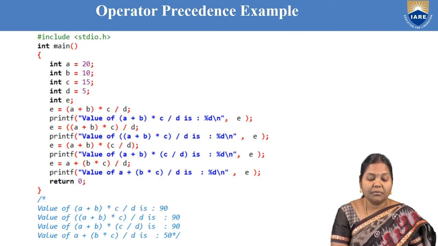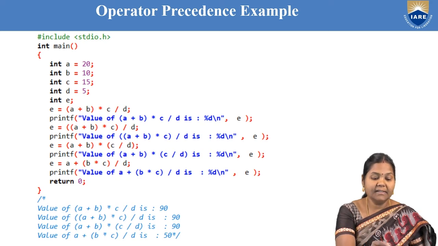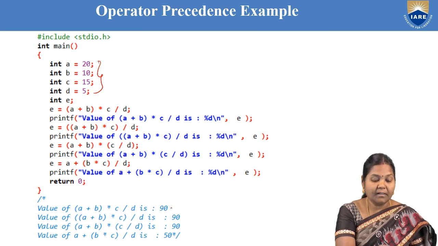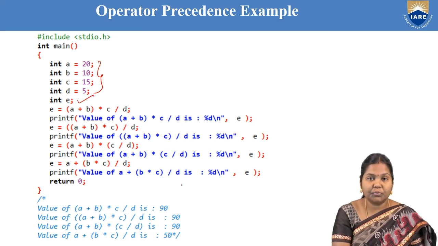Now, coming to the next example, let us understand the mathematical operations using the parenthesis concept. In this example, there are 4 variables A, B, C, D containing 20, 10, 15 and 5 respectively, and a variable E to store the output.